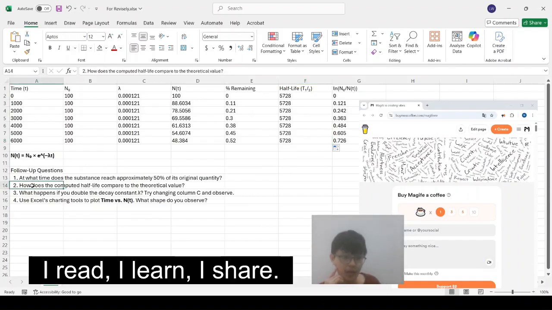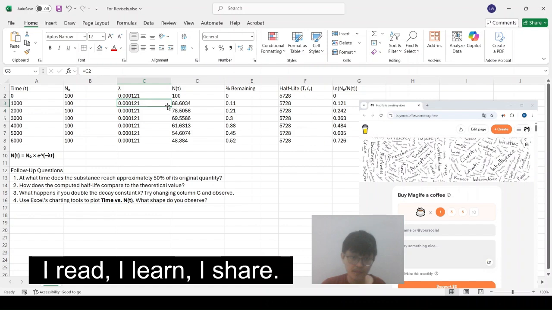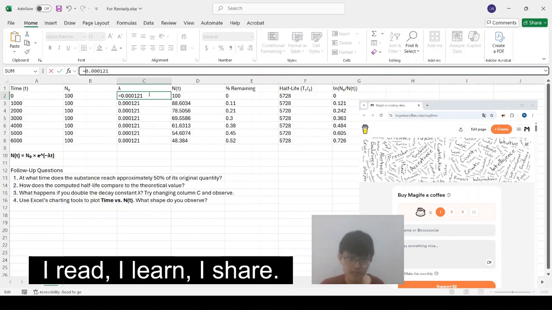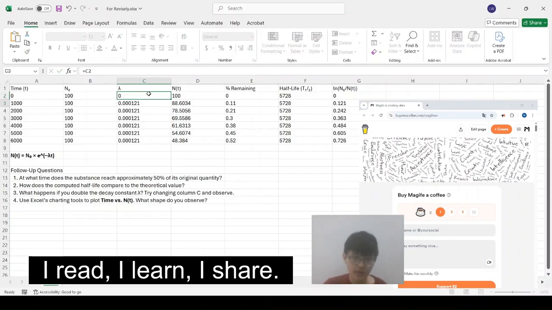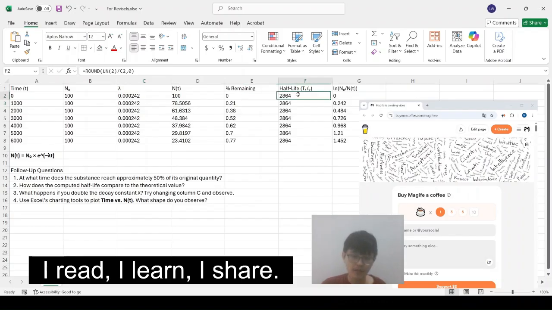How does the computed half-life compare to the theoretical value? What happens if you double the decay constant? If you double the decay constant, just try it, and the half-life is reduced.